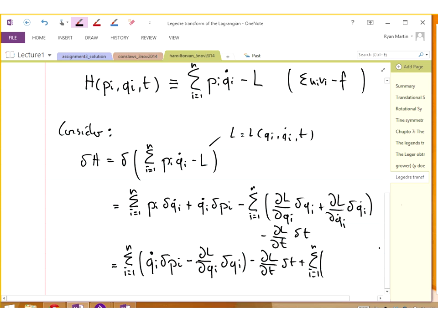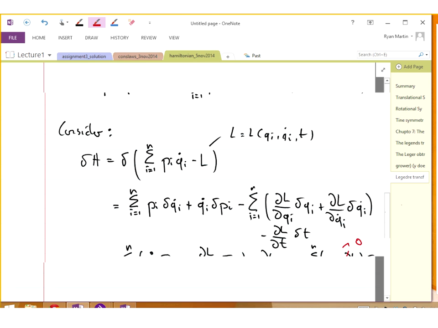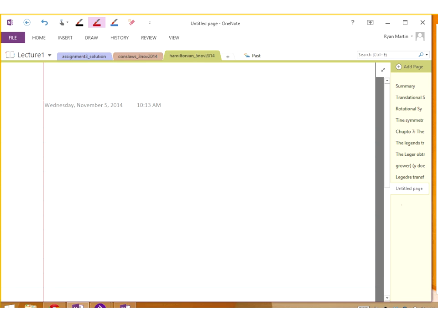So here I'm going to have a p_i minus ∂L/∂q_i dot times delta q_i dot. And as usual, this term here cancels, because the p_i, of course, is defined to be ∂L/∂q_i dot.